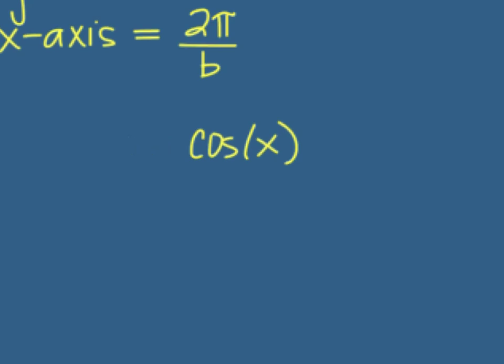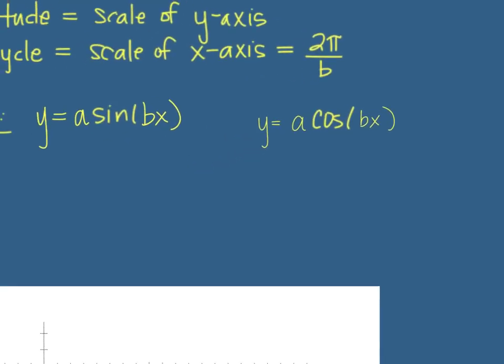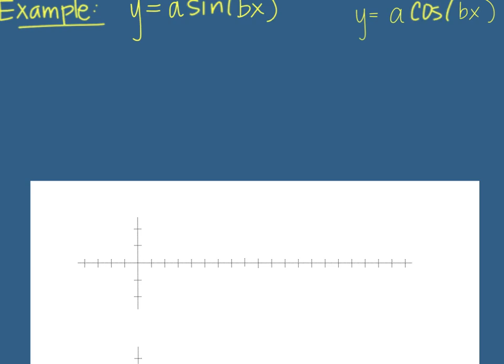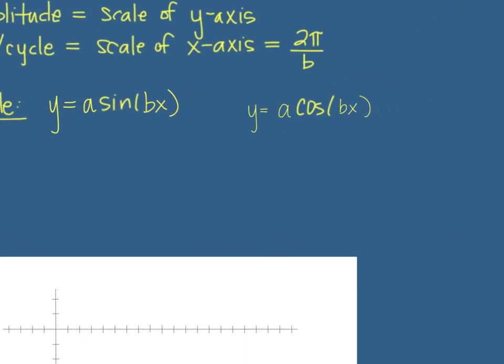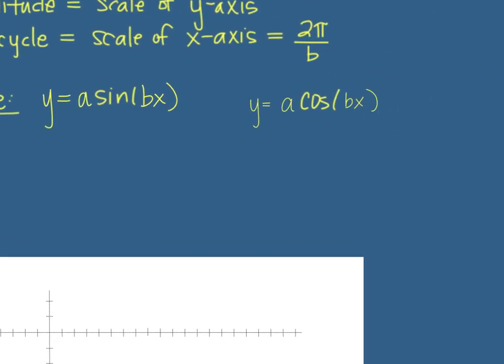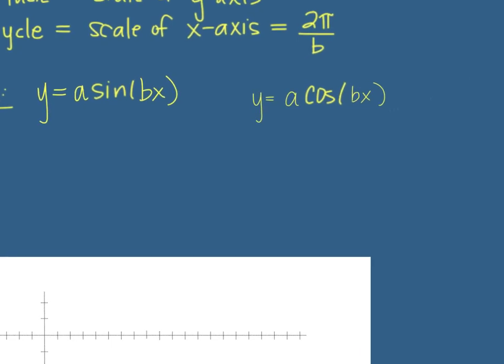That stands for amplitude and changes how you do the y-axis. But today we're going to introduce a B, and that affects how you label the x-axis. Okay, that's where the letters come from. A in front for amplitude, B will affect how the scale of the x-axis goes.